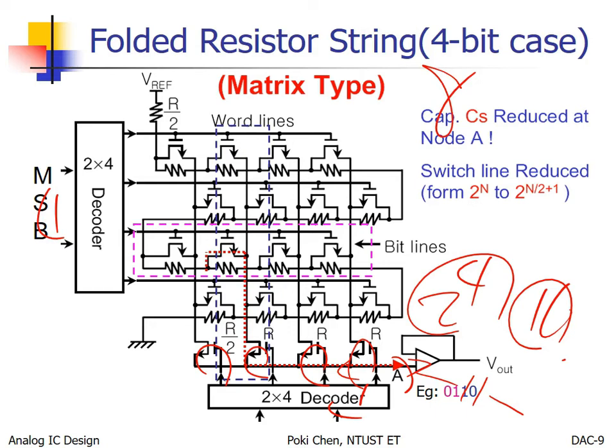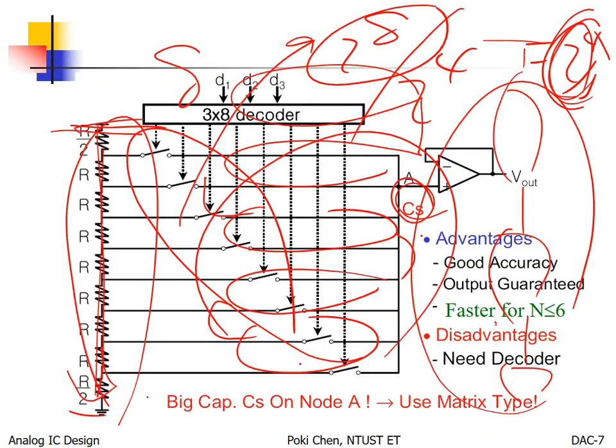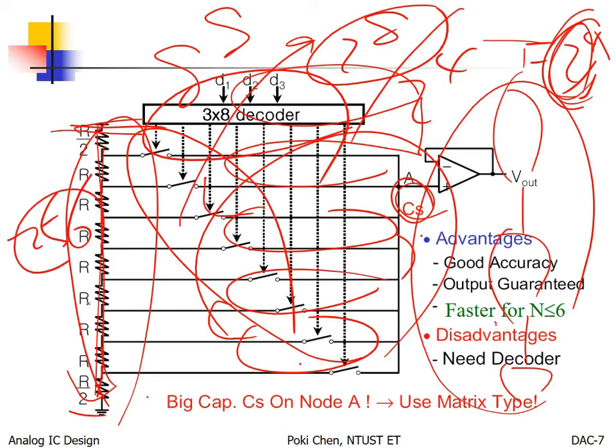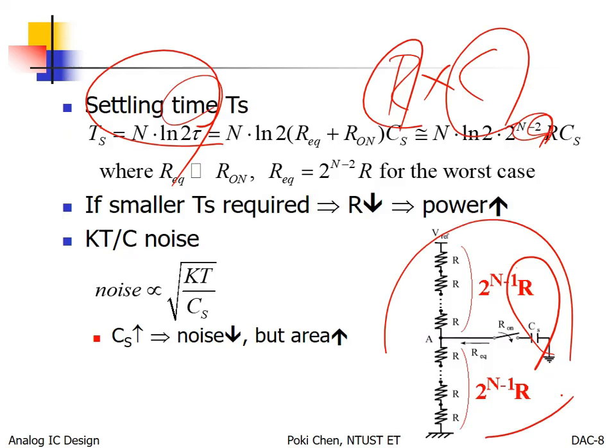Not only this, but also what? The size of the decoder will also be reduced because in the past you needed an 8 to 256 output decoder. Oh, that is too much. So the complexity of the decoder actually depends on this, right?